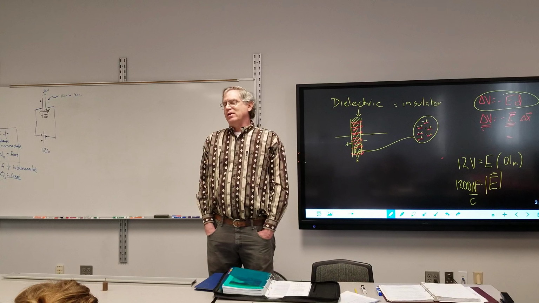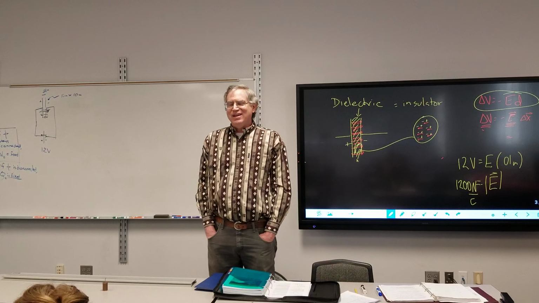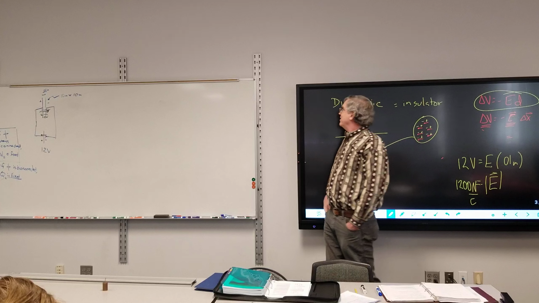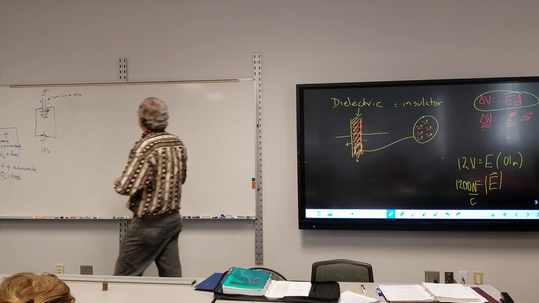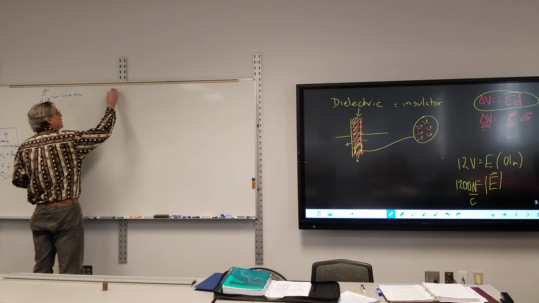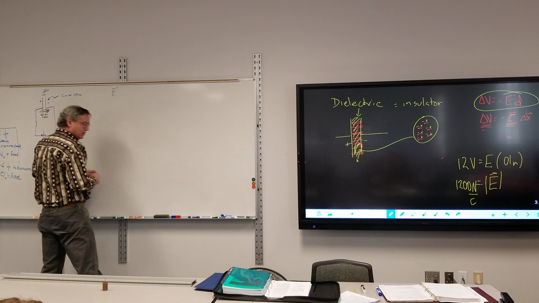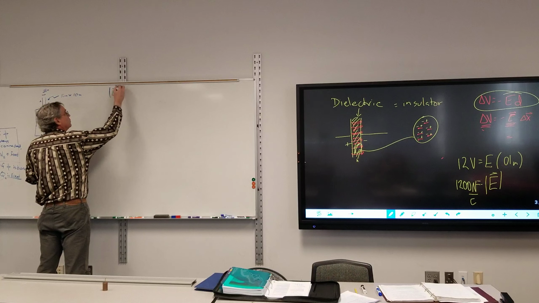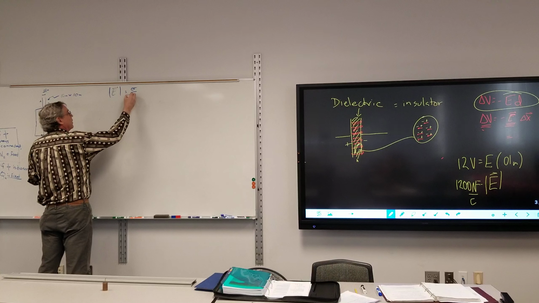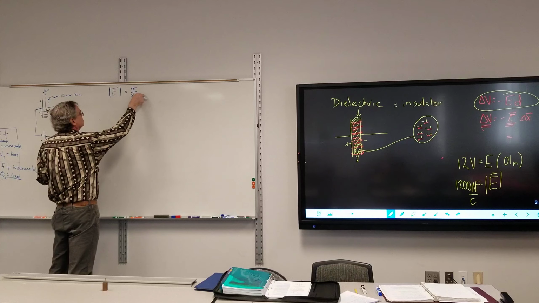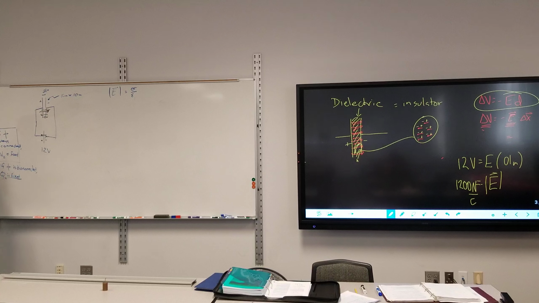What I think Luis is trying to say is that it allows us to make the infinite plate approximation. The electric field strength between the two plates is equal to sigma over epsilon sub naught, and the electric field strength can be approximated by this.